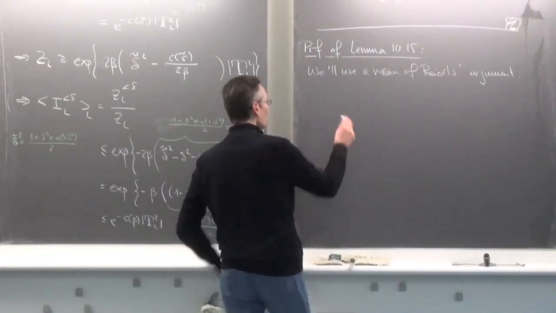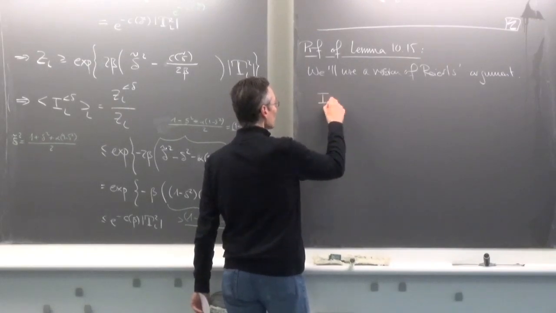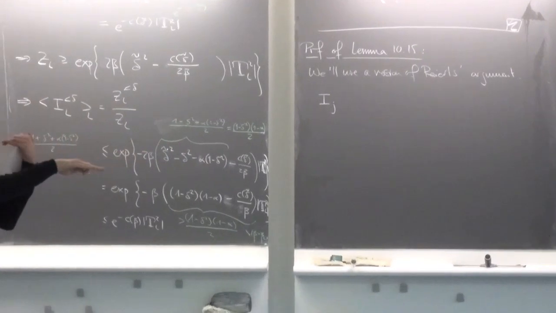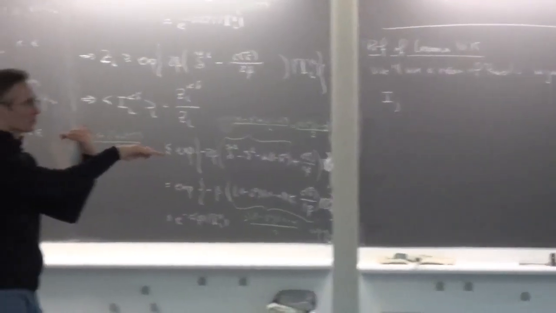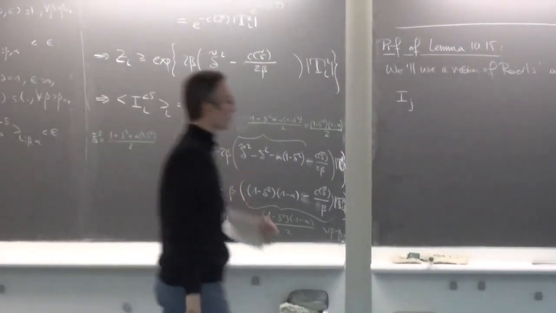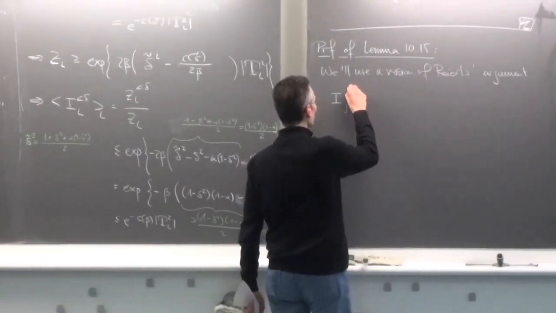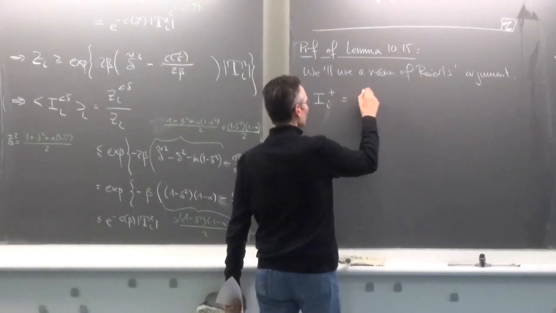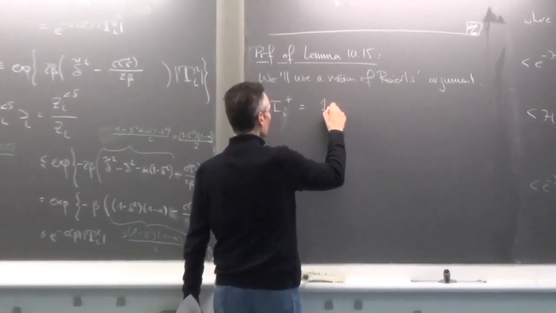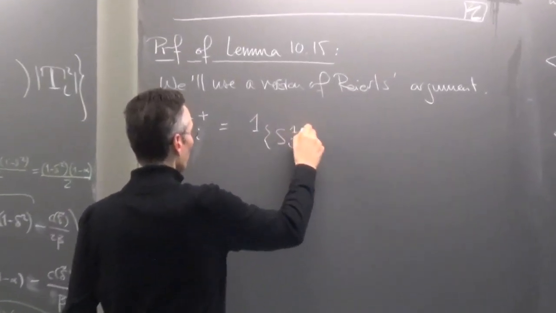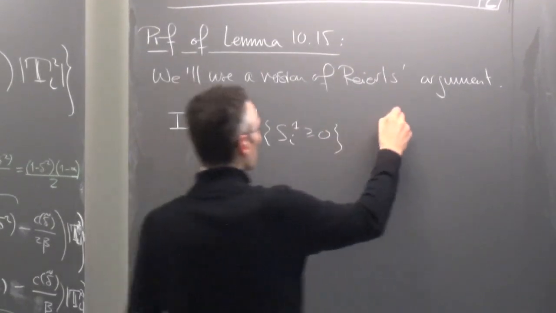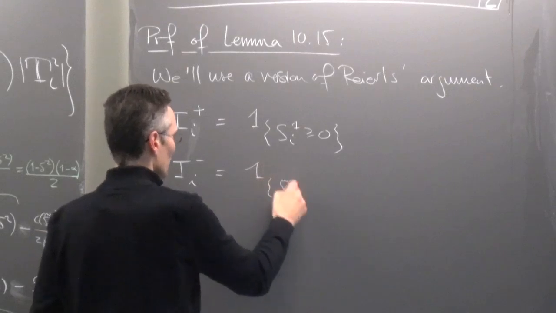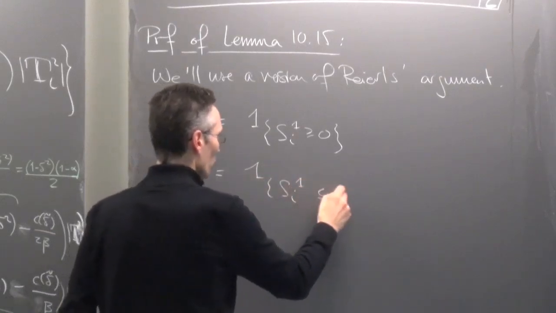So the first thing you want to do is note that what is important is that these guys point in opposite directions. The fact that they take a large first component is irrelevant. So I want to introduce now I plus and I minus. I plus will just be the indicator that S_i^1 is larger or equal to 0, and I minus will be the indicator that S_i^1 is smaller than 0.